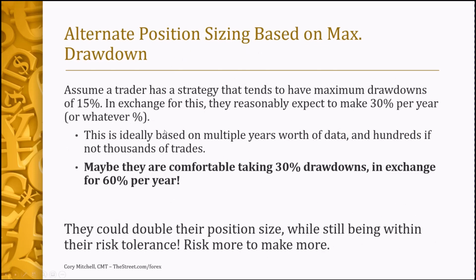So if you know that overall you have 20% drawdowns a year and you want to increase or decrease that, just multiply each position by whatever you need to. If you were at 15% drawdowns and you wanted to increase to 30 to increase your returns, you could essentially double each position size. Or if you were at 20% drawdowns and you wanted to reduce it to 10, then you'd halve your position sizes.